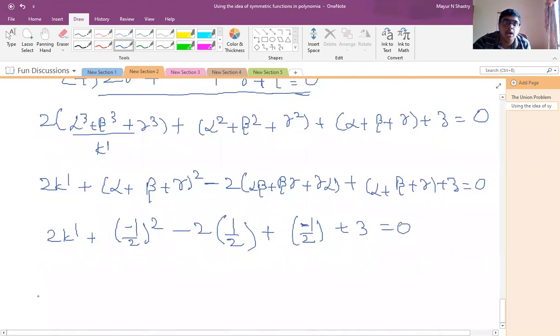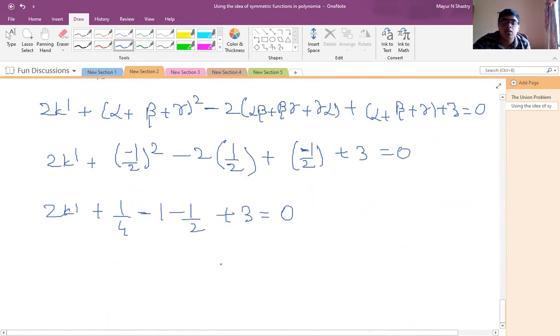So then we have 2k dash plus 1 by 4 minus 1 and minus 1 by 2 plus 3 equals 0. So we get 2k dash, what do we have? So this is 1 by 4 minus half, which would give you minus 1 by 4.